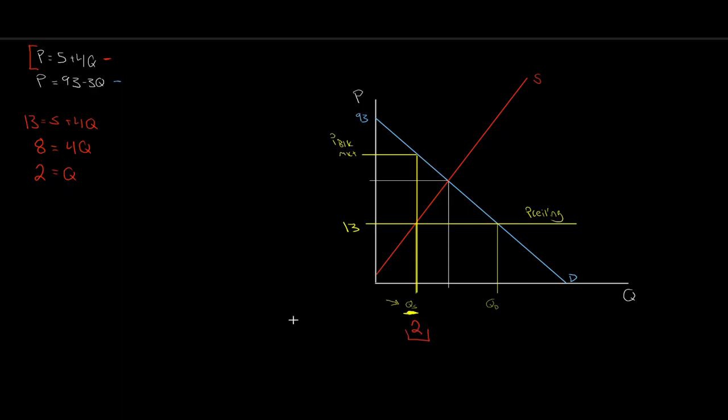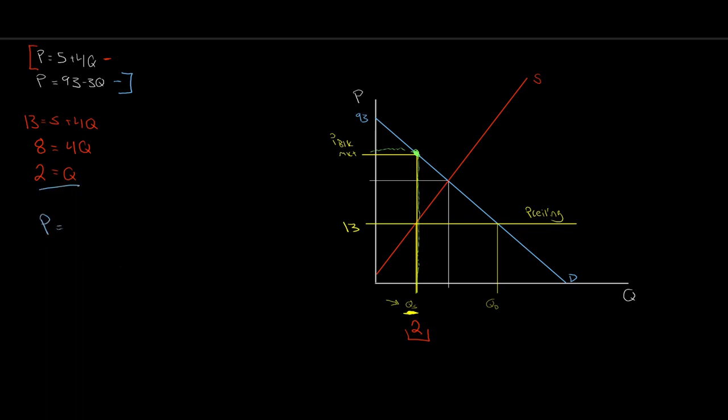From here now, we want to figure out what our black market price is. So to figure out our black market price, we take this 2 all the way up to our demand curve. And as we bring it all the way up to our demand curve, we will get the corresponding black market price. So in this case here, we want to utilize our demand at a quantity of 2.